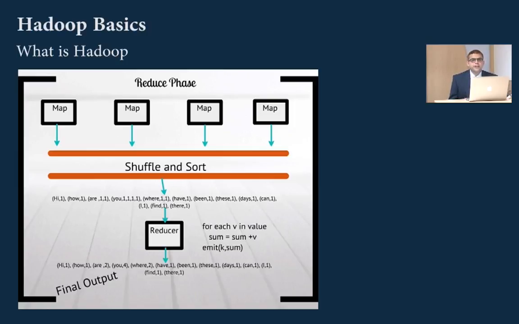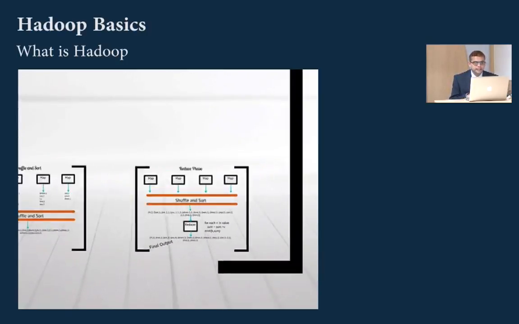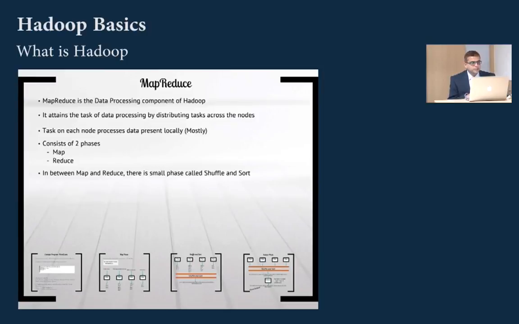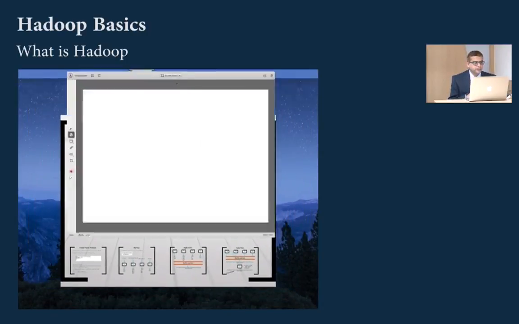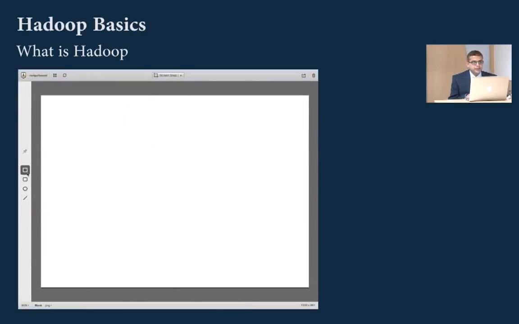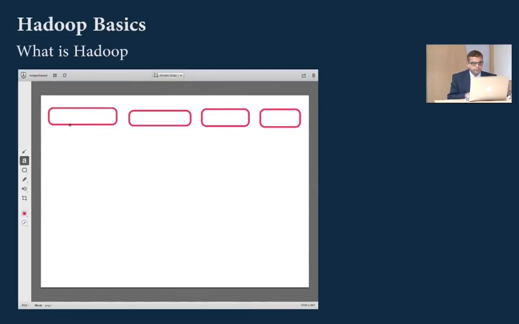So let's understand MapReduce with some more detail. Let's say there are 4 employees. These 4 employees are supposed to work every Saturday and submit a report.